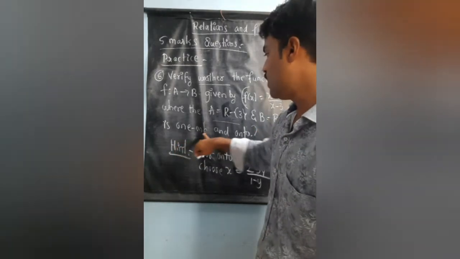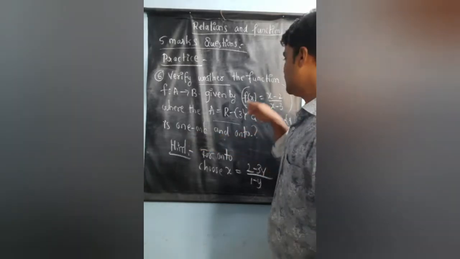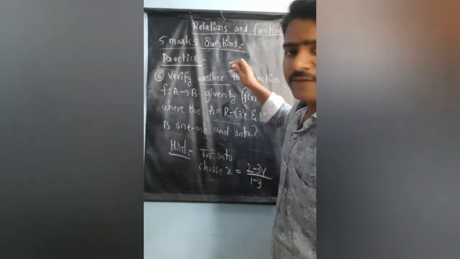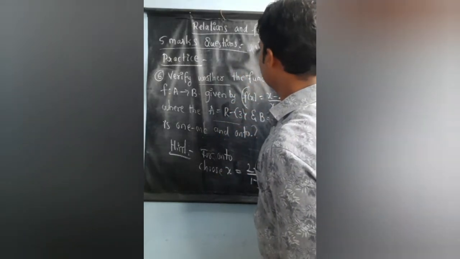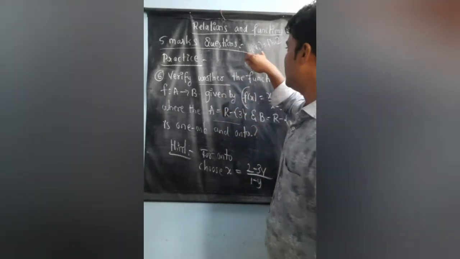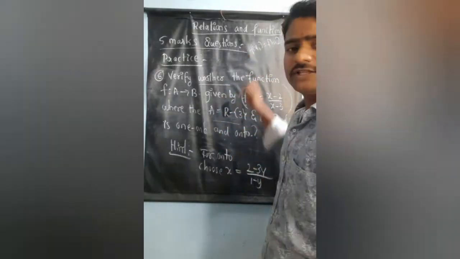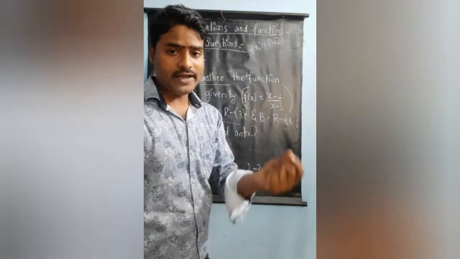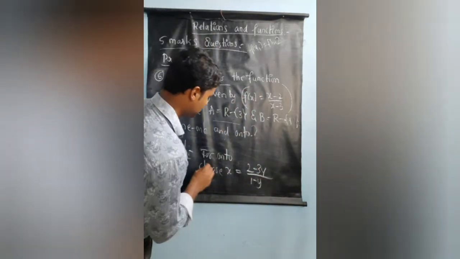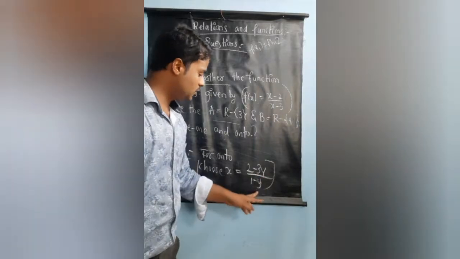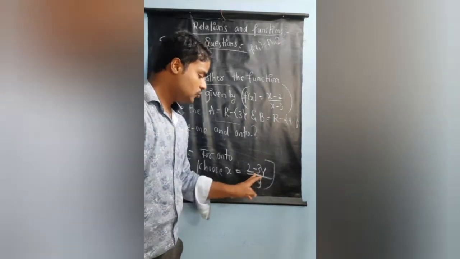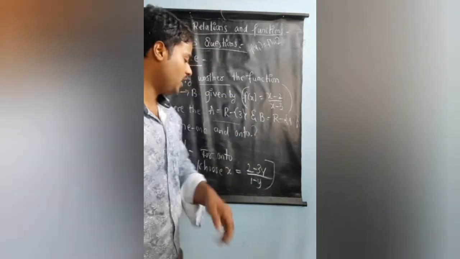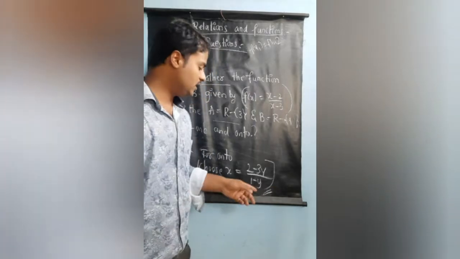Is it one-one and onto? We need to check whether this function is one-one and onto. Here it is the same: choosing f of x1 equal to f of x2, if we prove x1 equal to x2, it is one-one. Next, for onto, we say f of x equal to y, and choose x equal to 2 minus 3y divided by 1 minus y. If we substitute x equal to 2 minus 3y divided by 1 minus y, we get f of x equal to y. Then you can say it is an onto function.